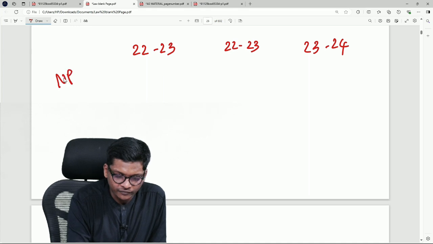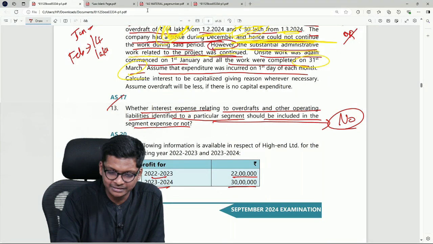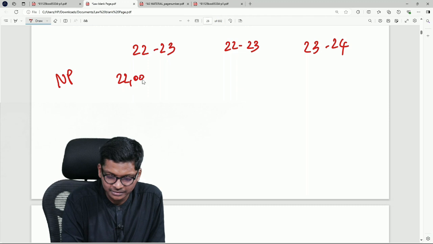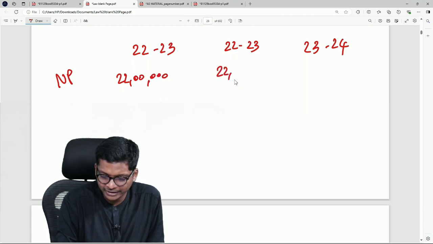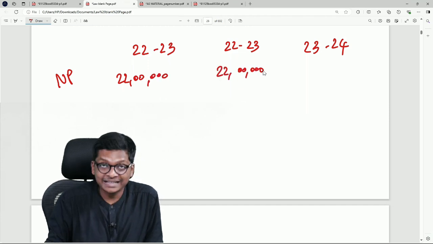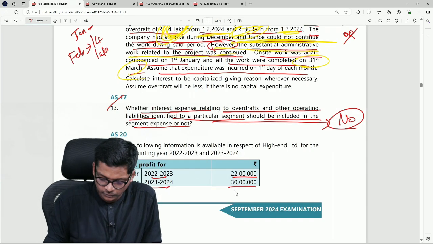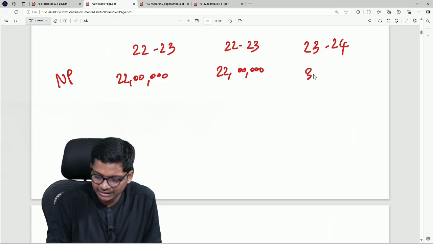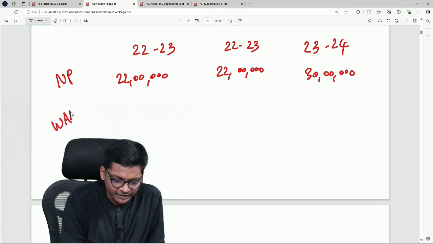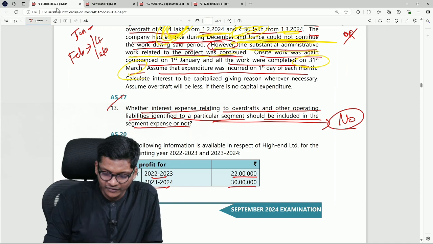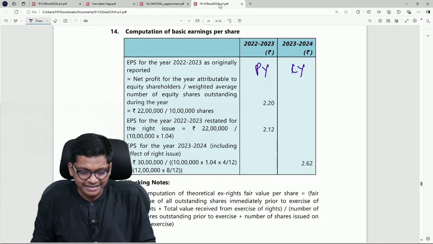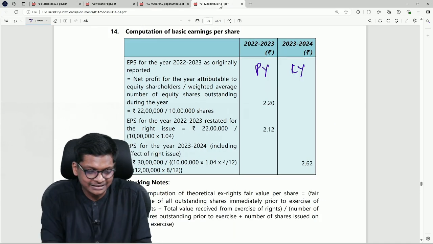When I write the net profit for 22-23, it is 22 lakhs, and for the current year it is 30 lakhs. When I compute the denominator, in the first case I will just take the shares that were there last year.